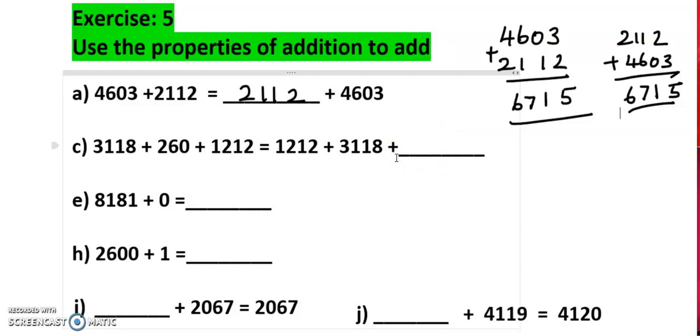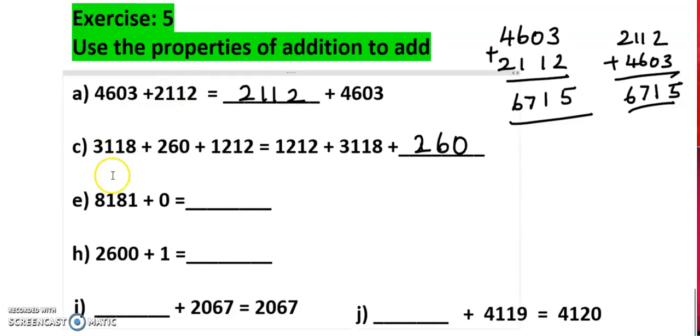Their sum remains the same. That is grouping property. First one was order property. This one is grouping property. So what is the answer here? Listen, what is the missing number? Here 1212 is there, then 3118, then one more number. 260 is missing. So what is the answer? 260.